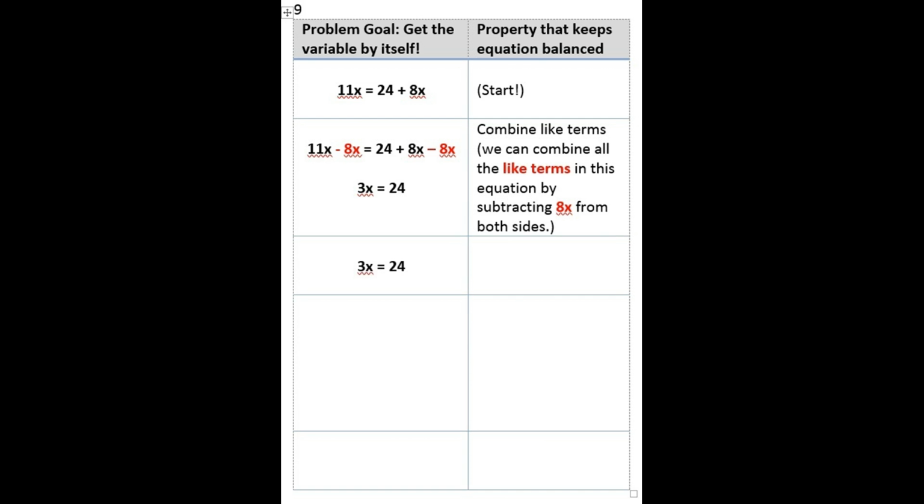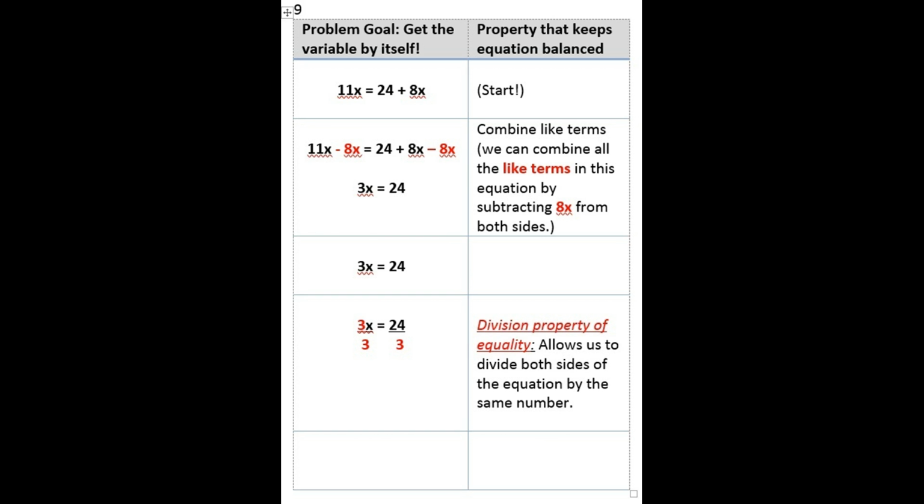You subtract, you end up with 3 times x equals 24. And this is how we're combining our terms in this particular problem. So 3 times something equals 24. And you all learned that math fact a long time ago. 24 divided by 3 equals 8. So in this case, x is equal to 8.